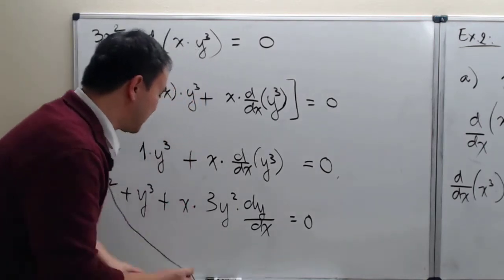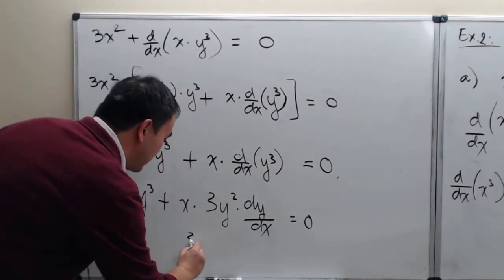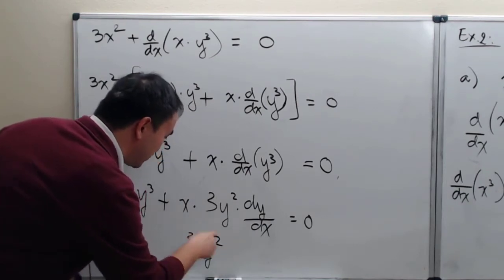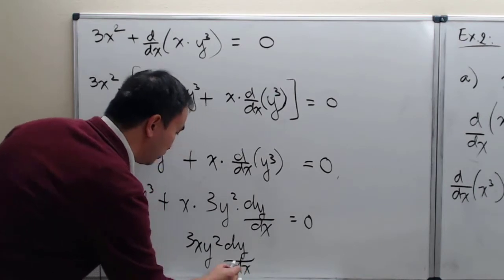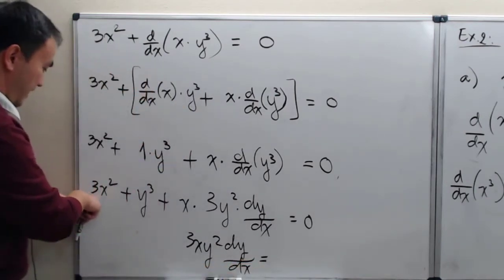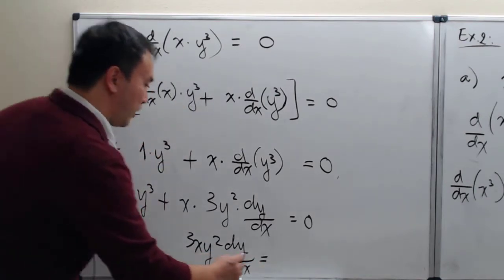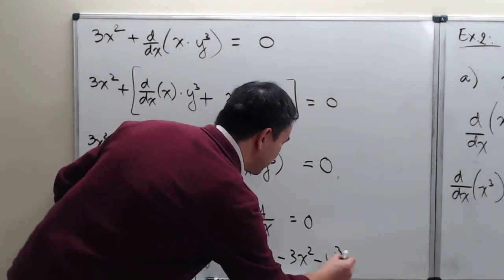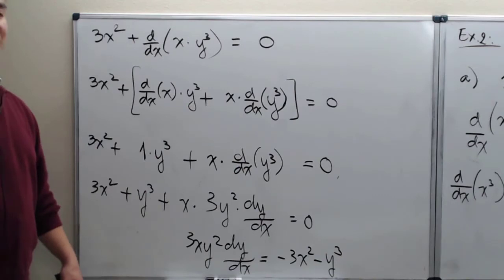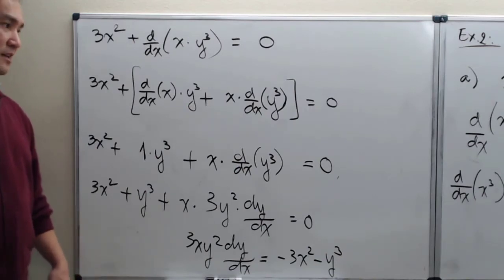So in my next step, I have 3xy squared times dy dx equal to negative 3x squared minus y cubed, moved to the other side. Okay, and we're getting there.